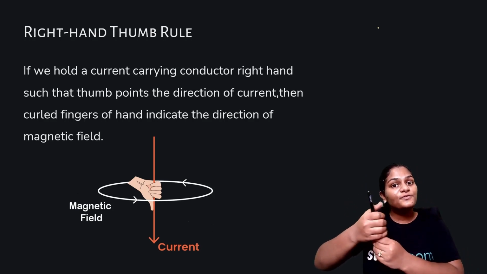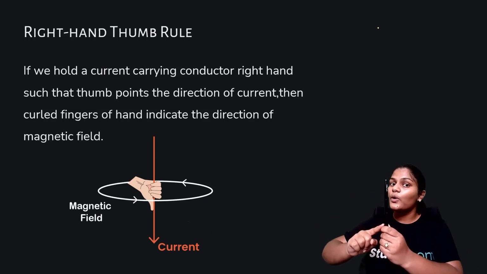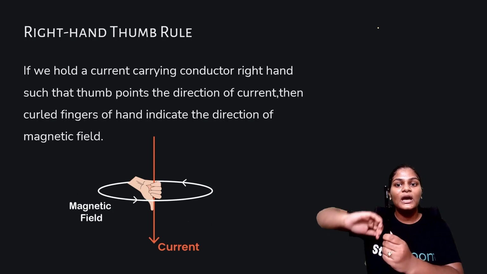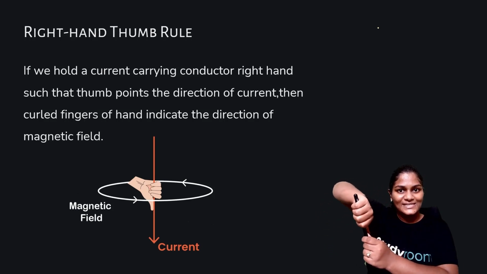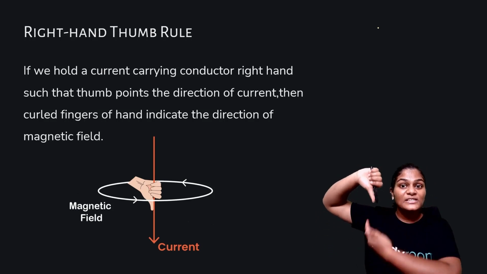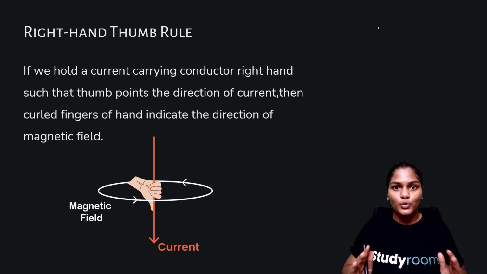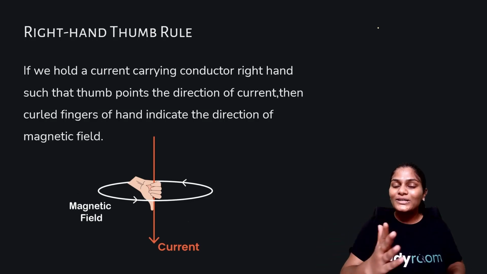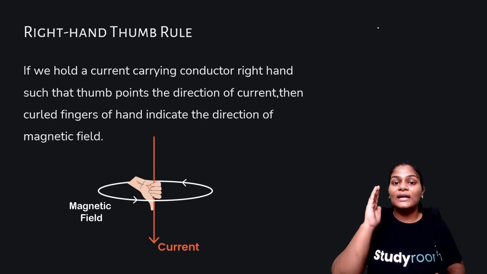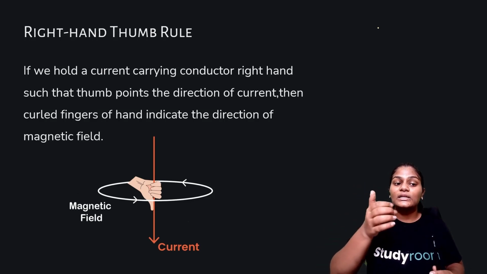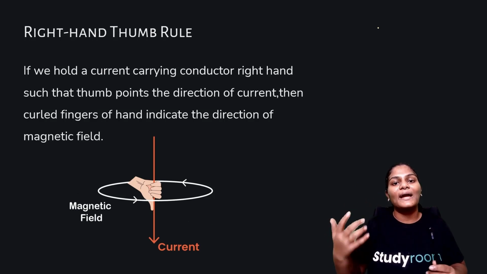But if the direction of current is downwards, how will my thumb be? I will hold it like this, so that my thumb is pointing in the direction of current. That is what we have to do in the rule. Okay, so what does that tell us? That tells us that the direction in which our fingers are curling is the direction of the magnetic field.